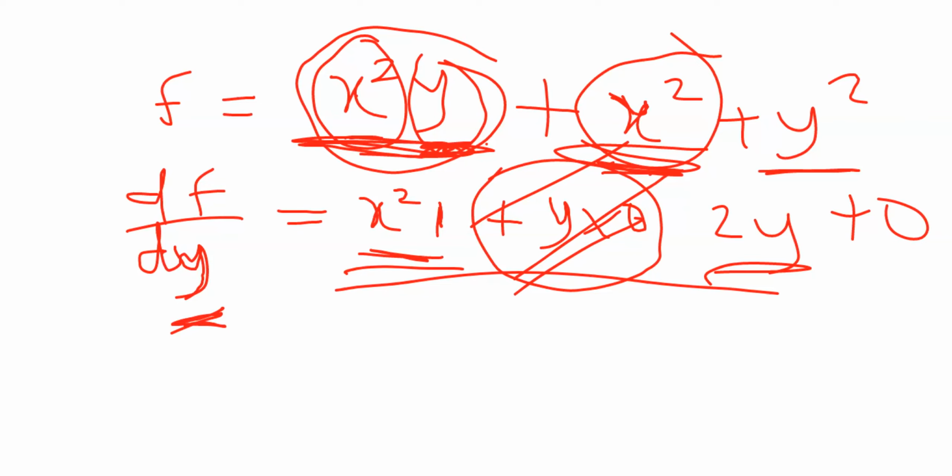Let's see another one you can try. Write for me: small u equals xy squared, that is x times y raised to power 2, plus xy minus x squared.